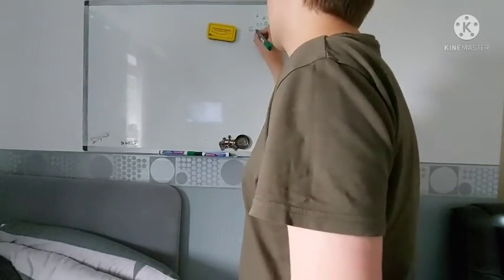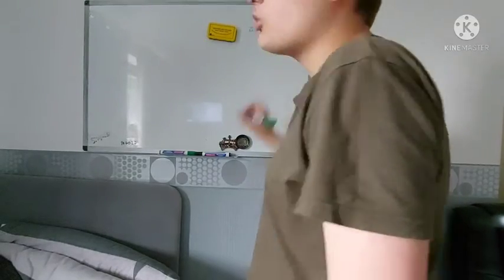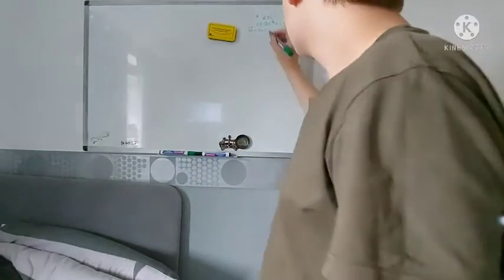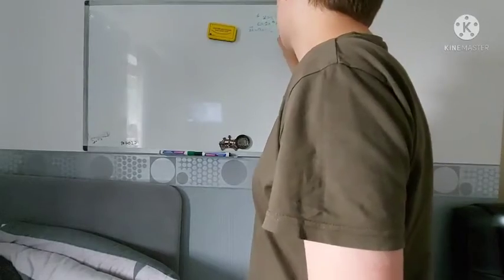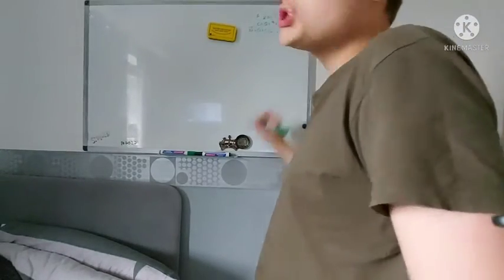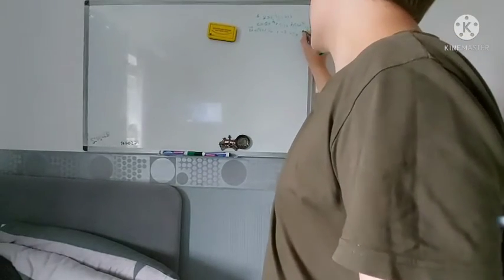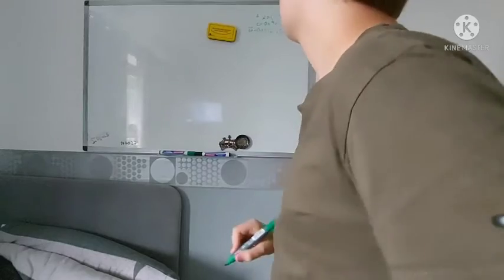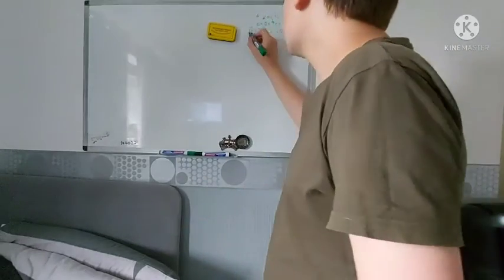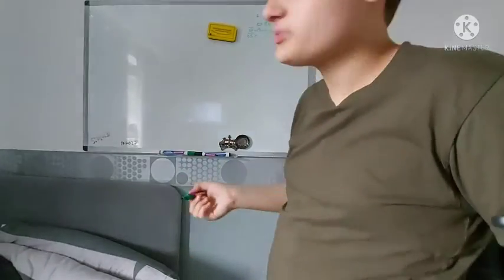So OA, using position vectors, I get 2 plus c1 i, and I need to add minus 2 plus c2 j, so I get to that point. For OB, I'm going to use OB minus OA, that's the way I'm going to do this.